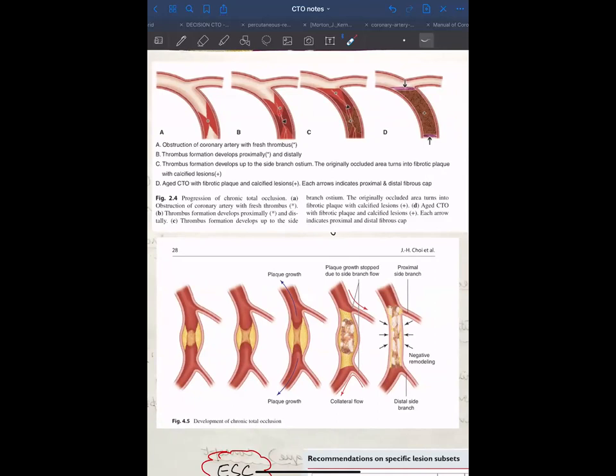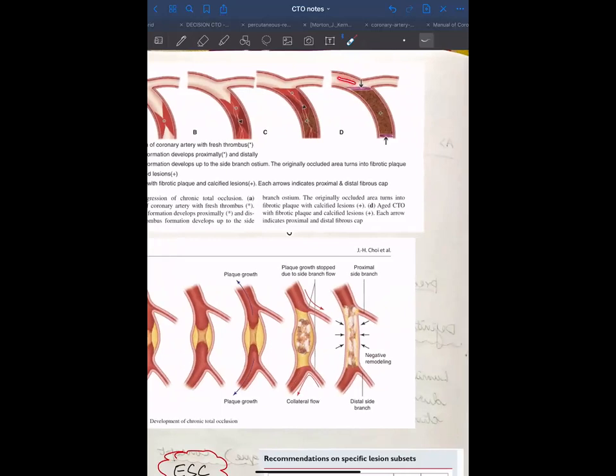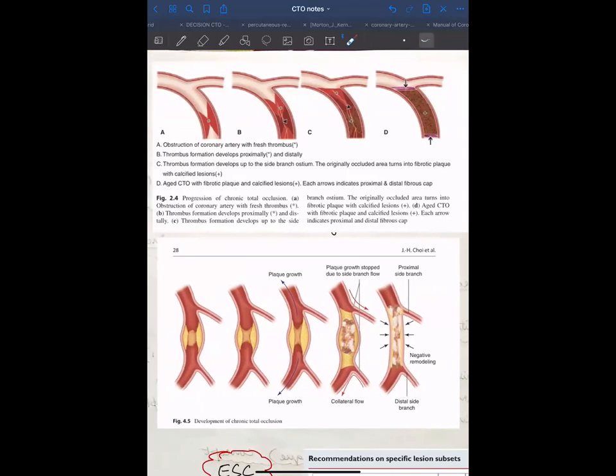Once it is completely filled up, if there is a side branch which can redirect the blood away from the site of the CTO, then quickly there is formation of a complete total occlusion with a proximal cap and a distal cap with the body of the CTO, as we can see here. A tapering lesion would suggest an earlier lesion in evolution than a fibrous, completely blunt stump of a cap, the importance of which we will see.